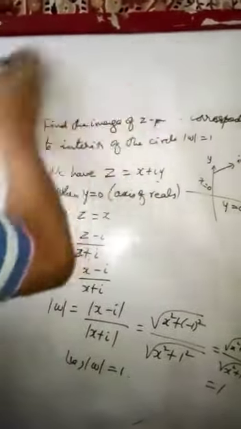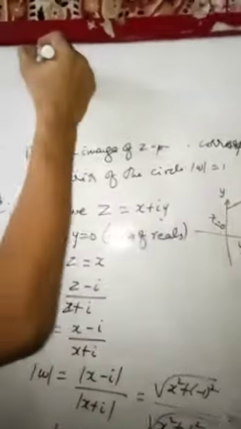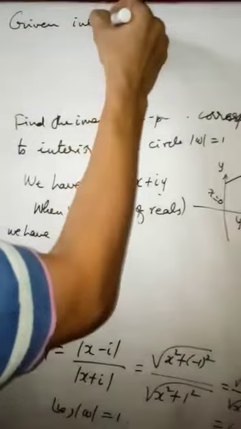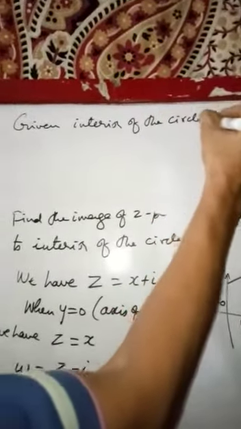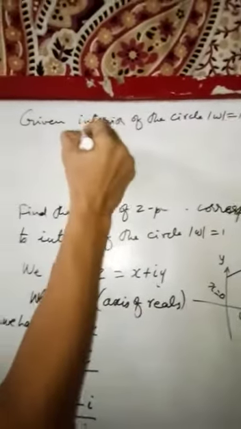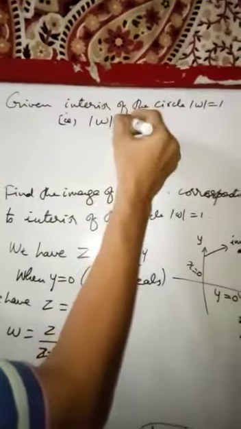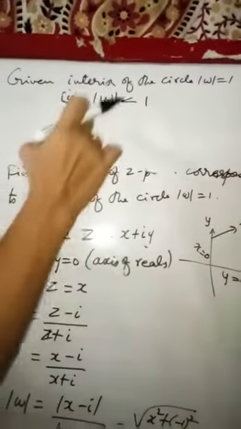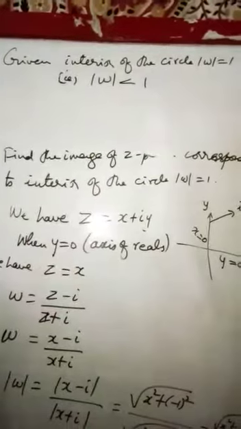How will you write this in symbols? Already told you in the previous problem, interior means less than. If they ask exterior, you have to write greater than. So mod omega less than 1 is given. You have to find the image in the z plane.